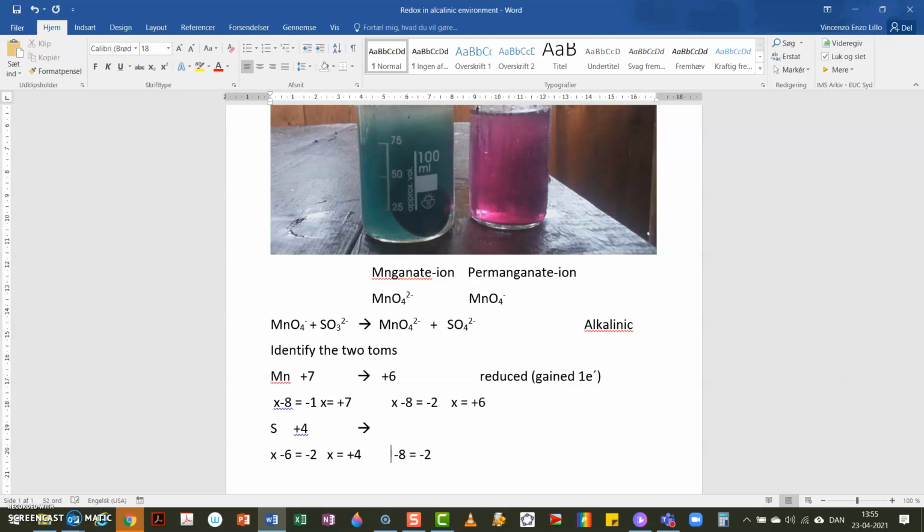And we have got our unknown sulfur. That means X is equal to +6. So the sulfur goes from +4 to +6. It has been oxidized, meaning it has lost 2 electrons.